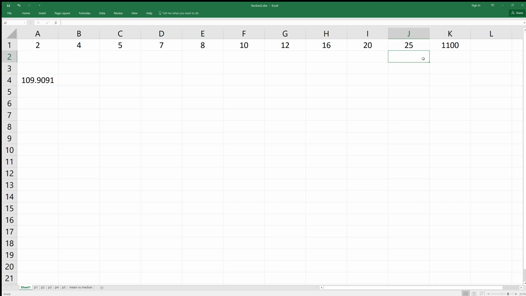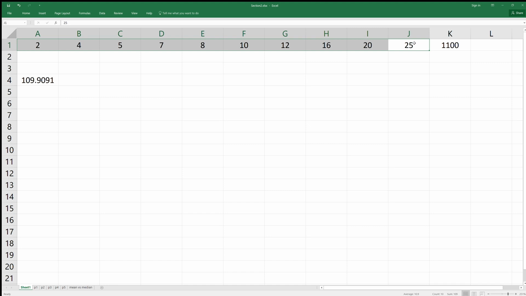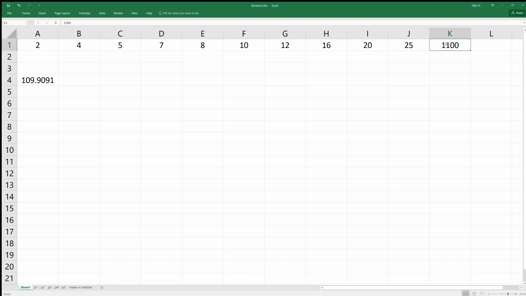Now bear in mind, 100 minus 2 is a lot smaller than 1,100 minus 100. So in the grand scheme of things, I've got 10 numbers relatively close to the mean on the left and one number very far away from the mean on the right.